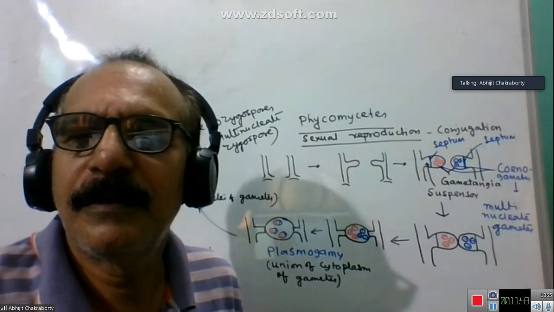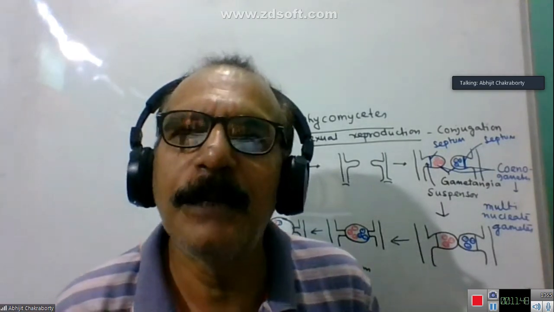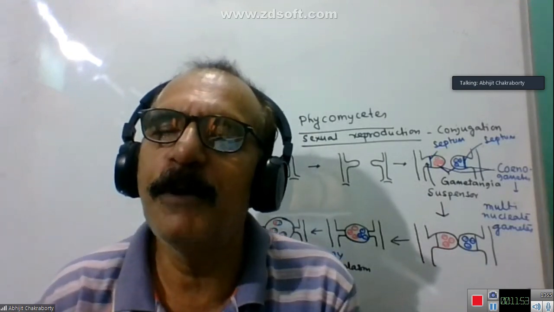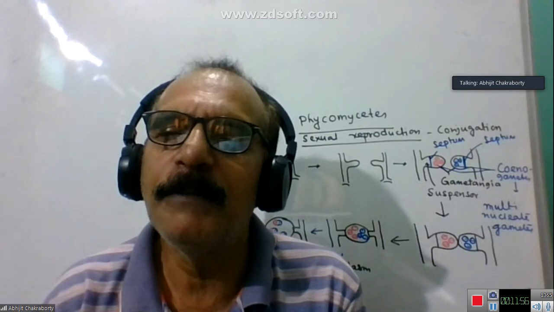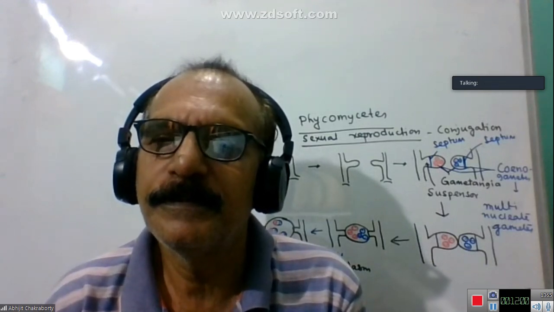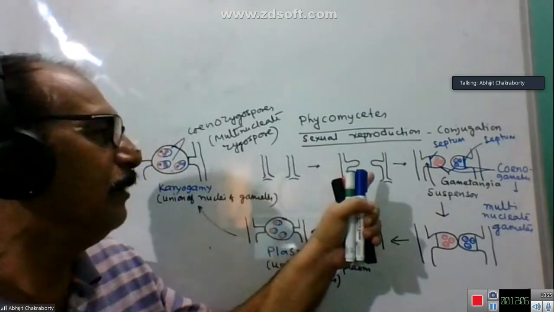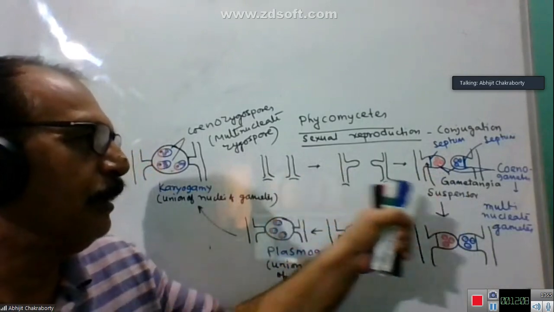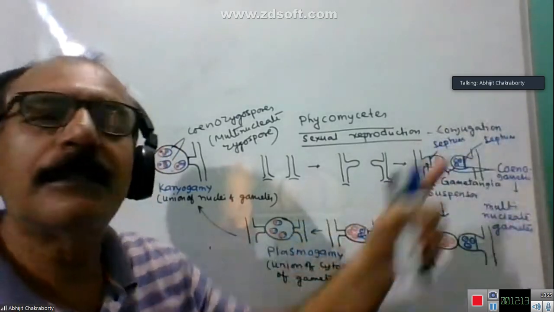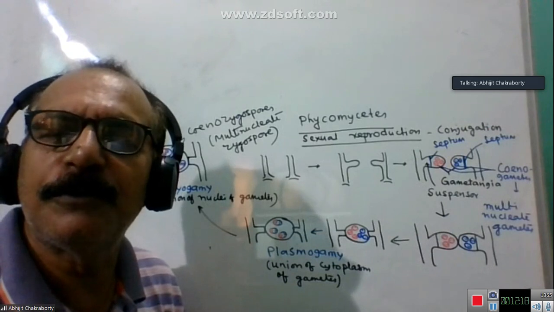Clear? Sir, please repeat. The diploid cell produced by means of conjugation is called zygospore, and the diploid cell produced by means of fertilization is called zygote. Because here what type of sexual reproduction occurs? It is conjugation. So the product of conjugation should always be zygospore, you should remember it.